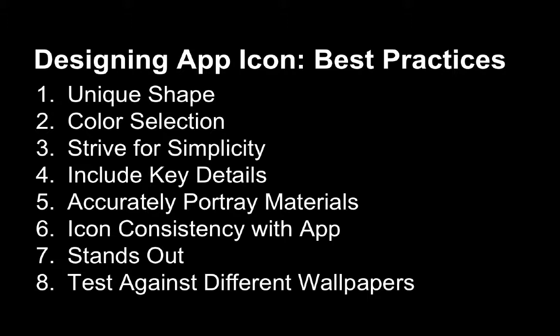As I said, strive for simplicity. One of the most important rules in icon design is to keep your motif simple and to the point. Icon design is all about expressing yourself clearly in a confined amount of visual space, and as you guys know, it's pretty small. Your 57 by 57 pixel app icon is certainly no exception.